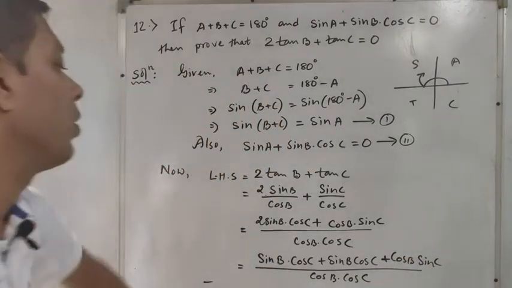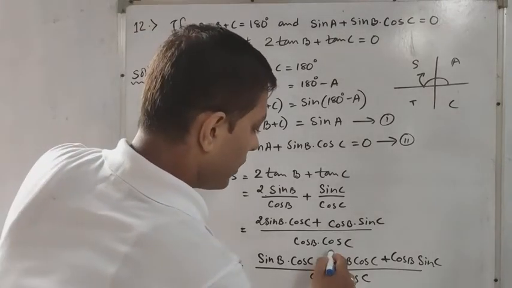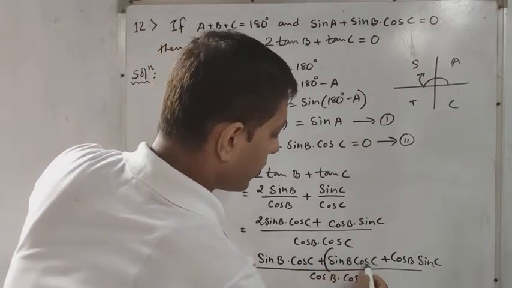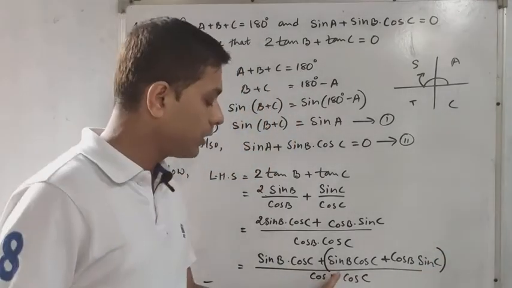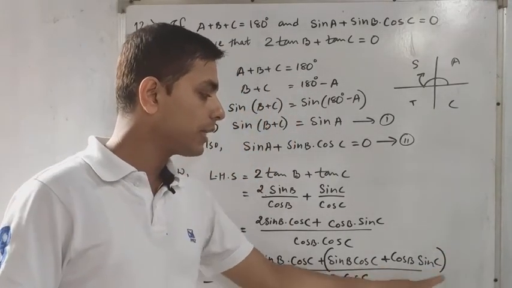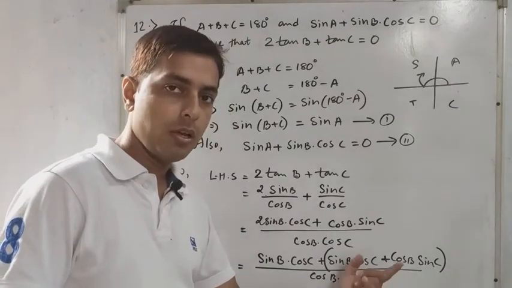Okay, so what is the advantage of writing like this? The advantage is that sine b cos c plus cos b sin c is of the form sin a cos b plus cos a sin b, and the identity gives sin of a plus b.